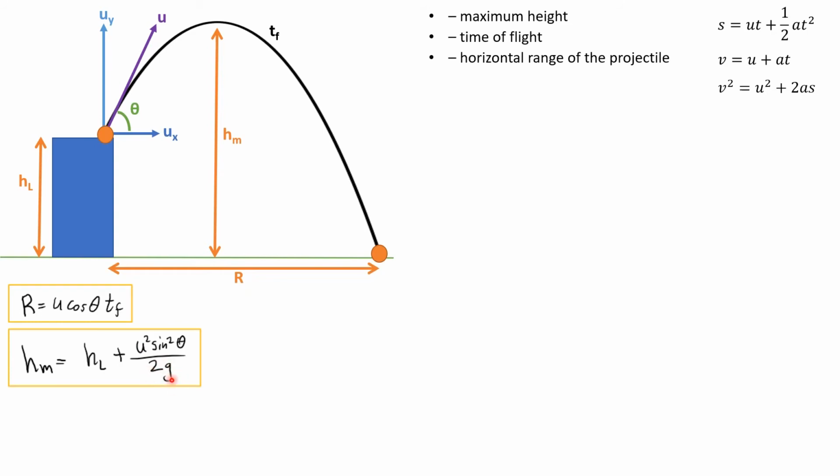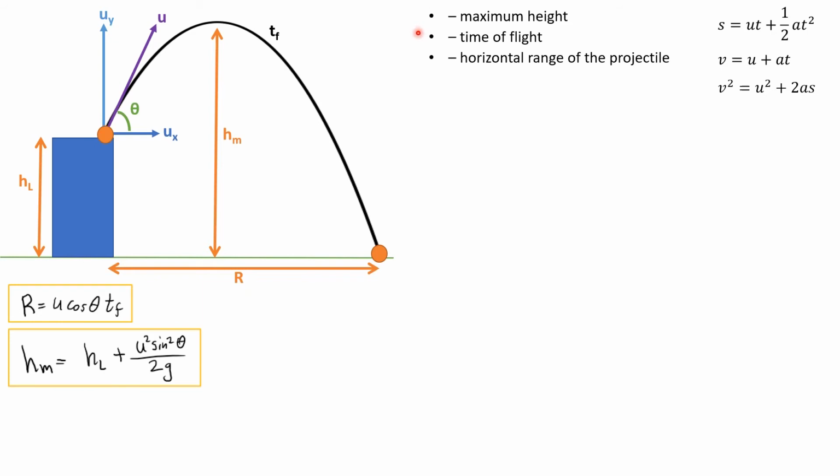You can replace that g with something else. And we also have our height with respect to where we launch it from. So because we've launched it from a ledge or a cliff here, we need to add that hL component. However, if this was 0, this would still apply. You just get rid of that and you have that as your maximum height expression.